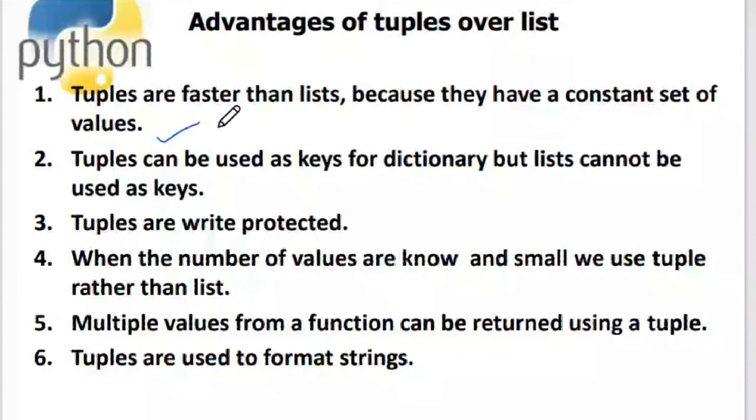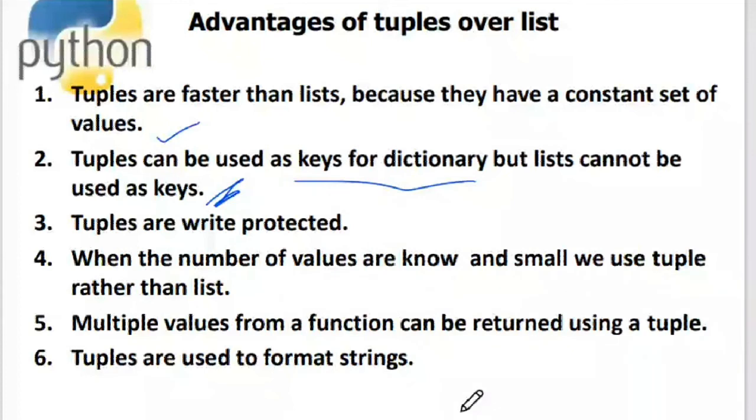And another advantage of tuples is that tuples can be used as keys for dictionaries. Tuples can be used as keys for dictionaries, but lists cannot be used as keys. To give you an example, say I'm having a coordinate.